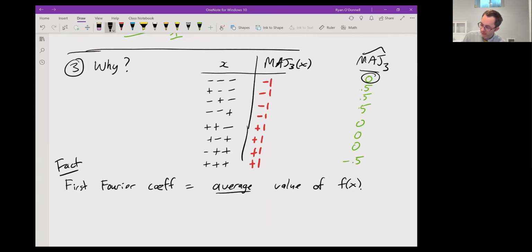Okay, and you can check that that's true. So apparently the average of these red values is supposedly 0. And that's true. Half of them are minus, half of them are plus. Okay, so that's kind of cool. Like this first coefficient always sort of tells you how biased the function is to being +1 most of the time or -1 most of the time. Okay, so that's nice.